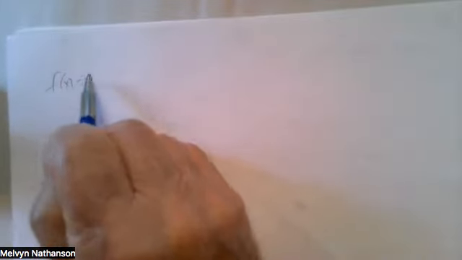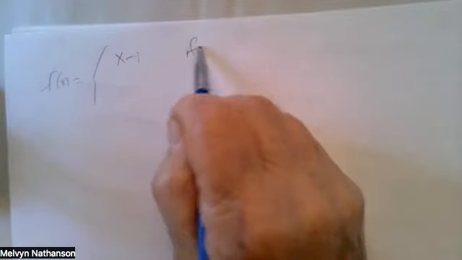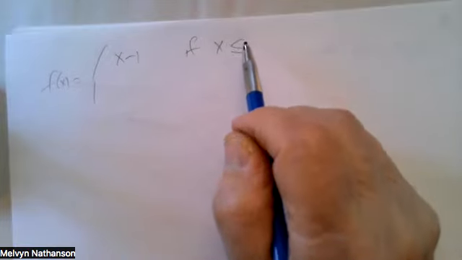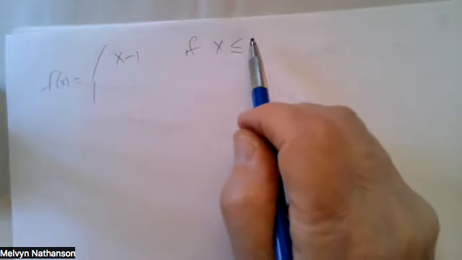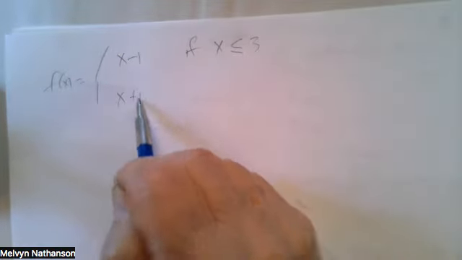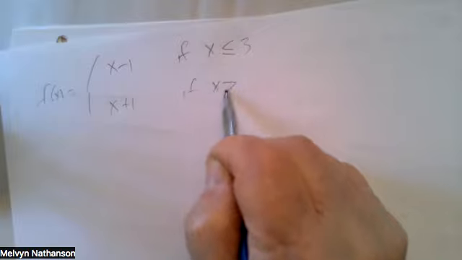Let's look at another example of the same type. Suppose we take the function f of x, say f of x is equal to x minus 1 if x is less than or equal to 3, and x plus 1 if x is greater than 3.